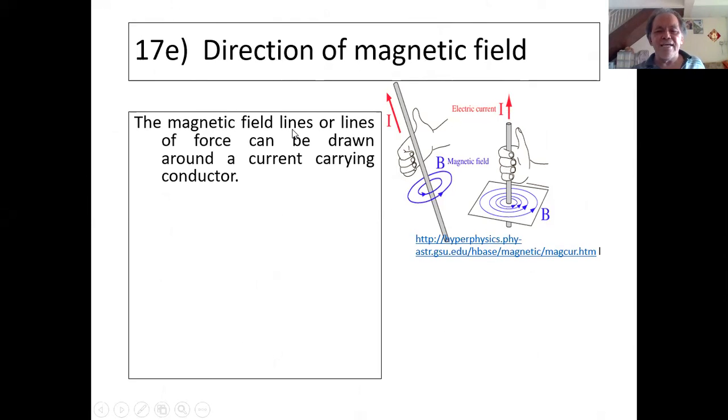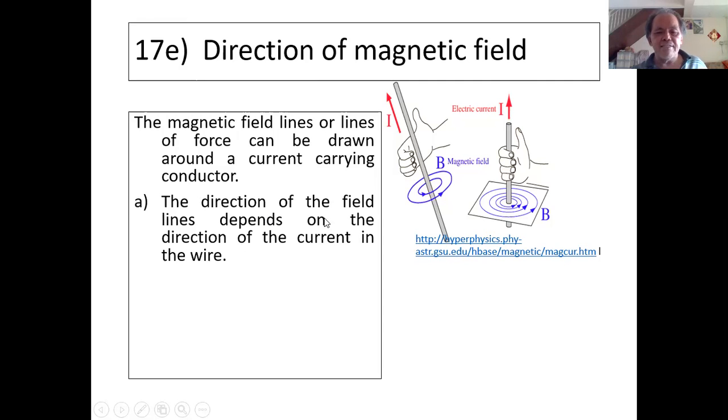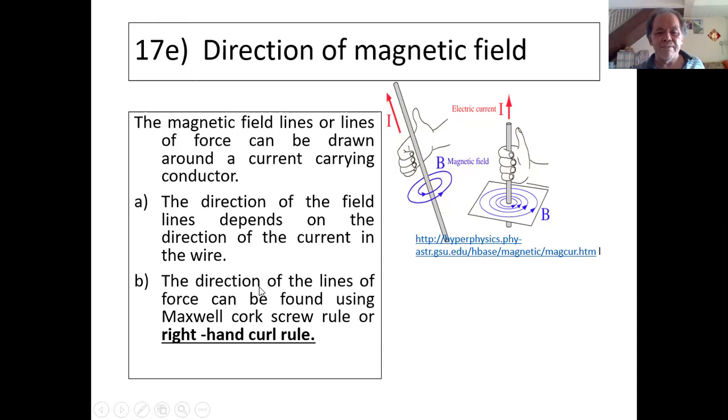Magnetic field lines or lines of force can be drawn around a current carrying conductor. The direction of field lines depends on the direction of current. The direction of lines of force can be found using, don't bother about Maxwell's screw rule. That one is only for those who have to use a cork to open a bottle, then you can imagine it.